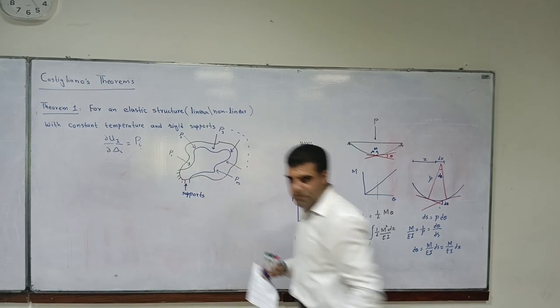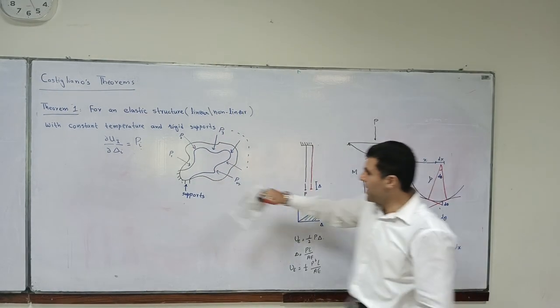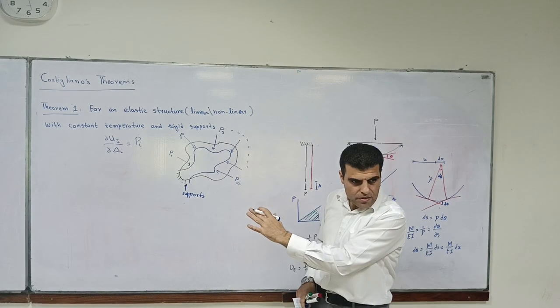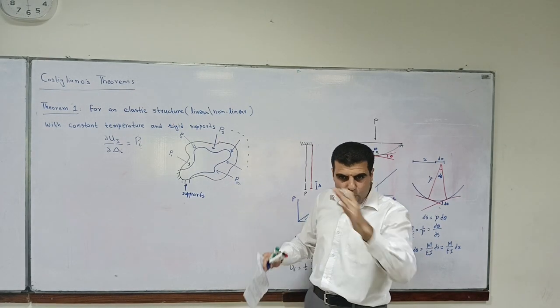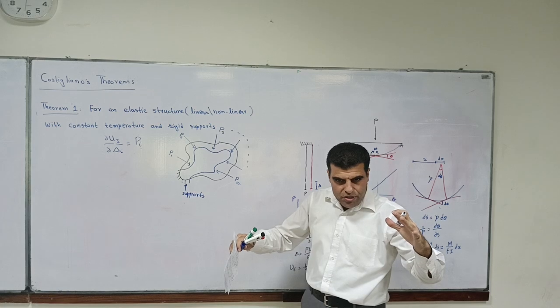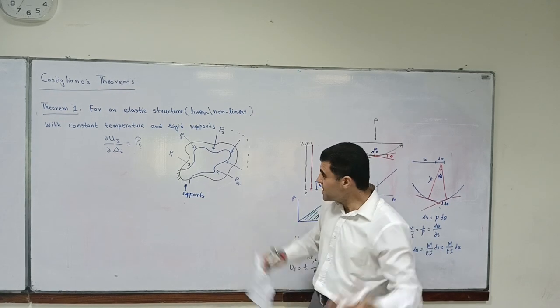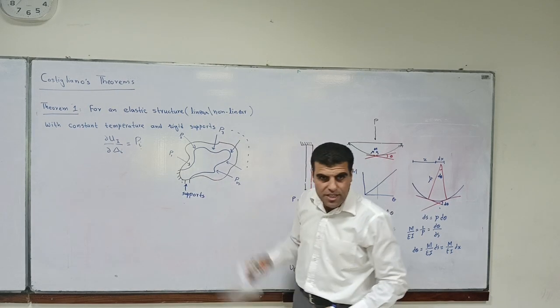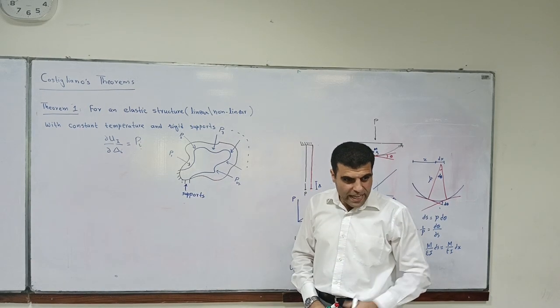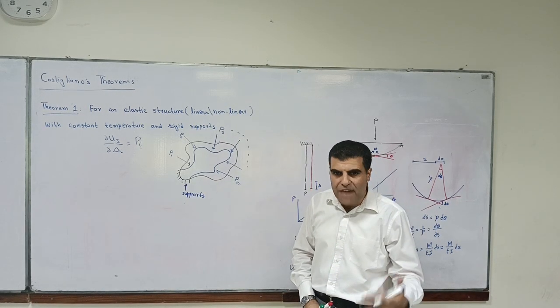We have got a bunch of loads which are applied on this structure. And when we apply the loads, it will deform, won't it? So after deformation, it takes the position blue. That's the configuration of the structure after deformation.